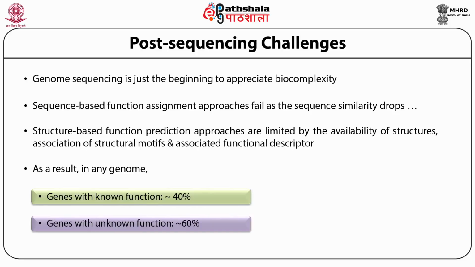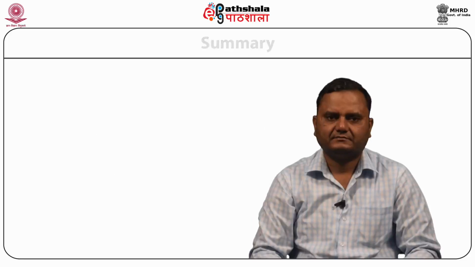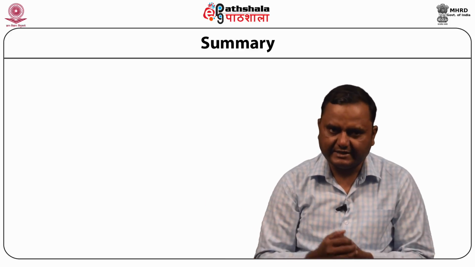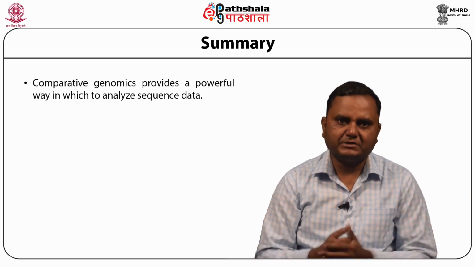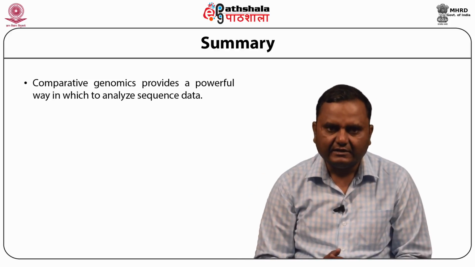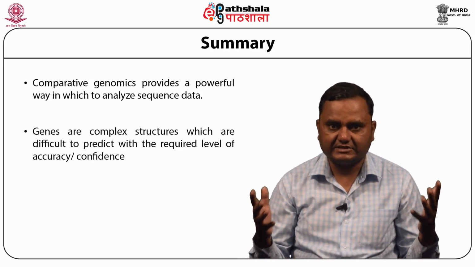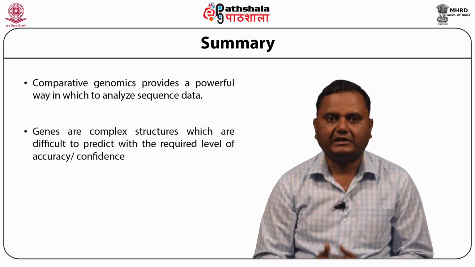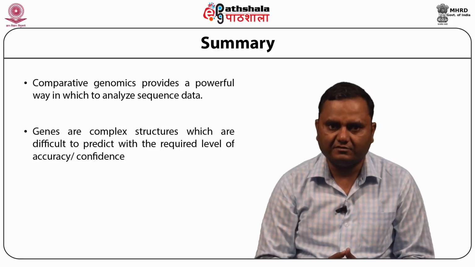Now you have learned about comparative genomics, so we can summarize again that comparative genomics provides a powerful way in which we can analyze sequence data, and genes are complex structures which are difficult to predict with the required level of accuracy and confidence.